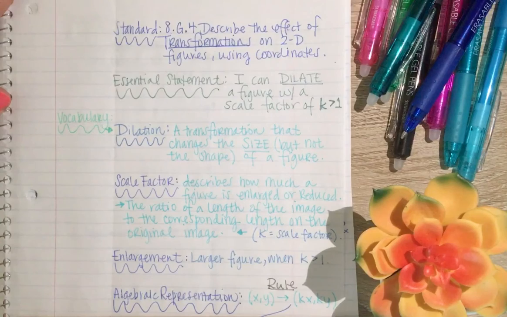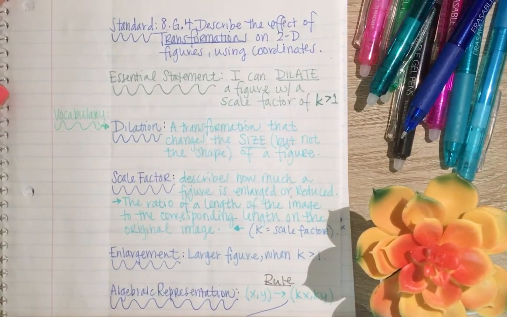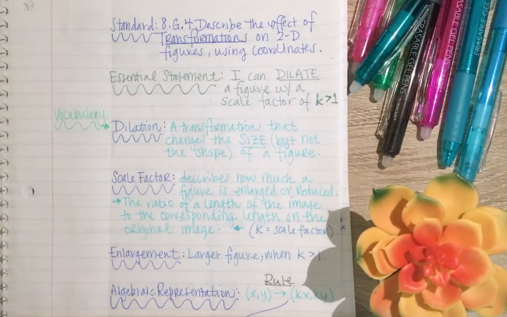So next, our rule, because you know we always need those. What is our rule for drawing these new images? Well, algebraically, you're going to have your ordered pair, x comma y, and x comma y will go to k times x comma k times y.